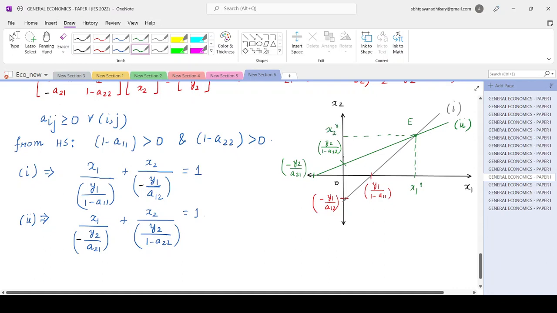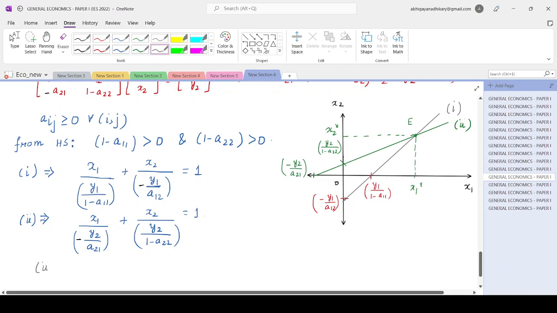So understand one thing, the Hawkins-Simon first condition basically tries to ensure that you have a possibility of equilibrium in the first quadrant, but there has to be another condition to guarantee that you will actually intersect in the first quadrant. So what is the condition?